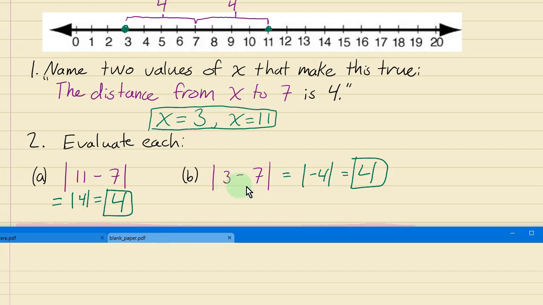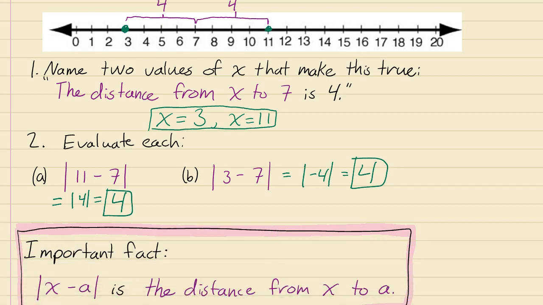So, for example, if you do 3 minus 7, because the 7's bigger, you get negative 4. But the absolute value will take that negative 4 and force it to be positive. So this one still gives you the distance between 3 and 7, which is 4 units. And the distance from 11 to 7 is also 4 units. So they come out the same thing.